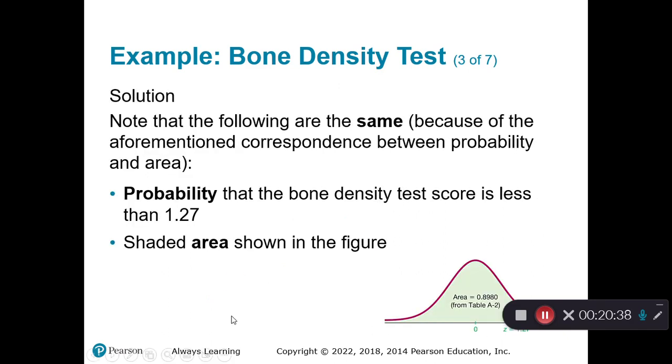Well, using table A2, if we were to look up a z-score equal to exactly positive 1.27, we would see that the area to the left would be equal to 0.8980. That means that the probability of randomly selecting a person whose density test score is less than 1.27 is 0.8980. So area is equal to probability.